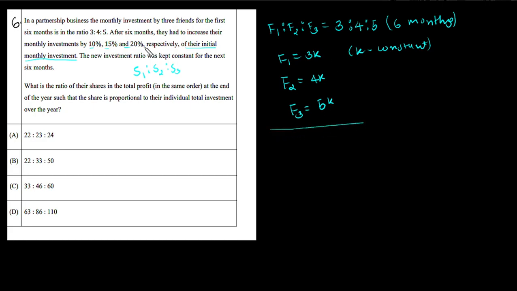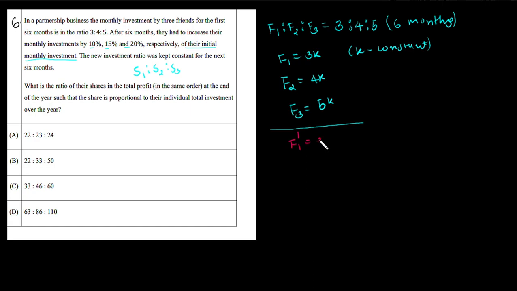move to this second ratio. Now here we have to change the ratio in this particular way, because all three friends had to increase their monthly investment by 10%, 50%, and 20% of their individual investment. So I can say here the new ratio for the next coming 6 months, let's denote it f1 dash.